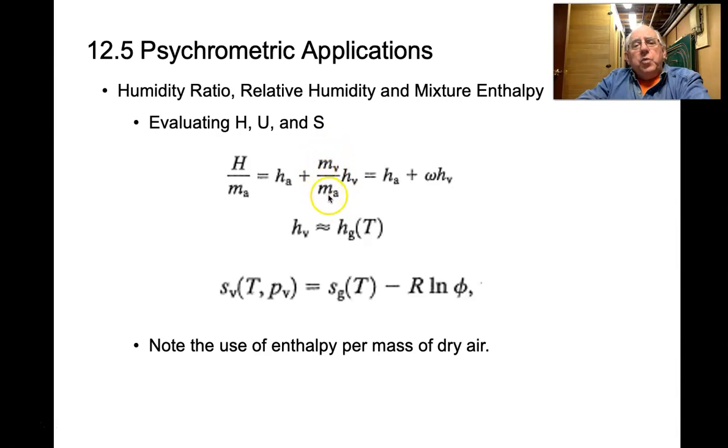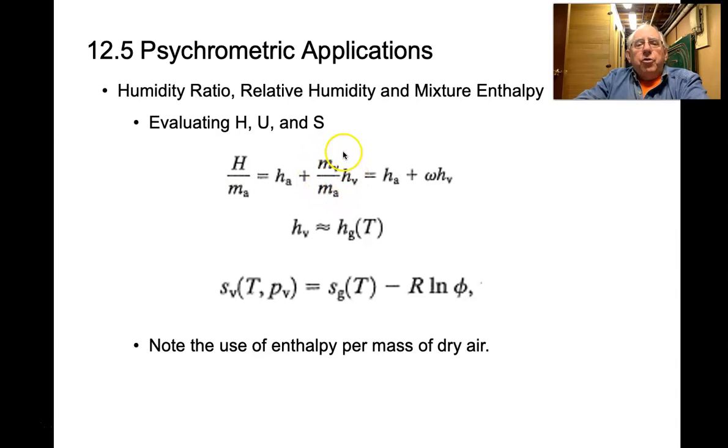What happens when we do this is that this enthalpy is on a per mass of vapor. And so when we multiply the mass of vapor over the energy per mass of vapor, we just get the energy of the vapor component, but then we divide it by the mass of the dry air to put it into the same units as this left-hand side.